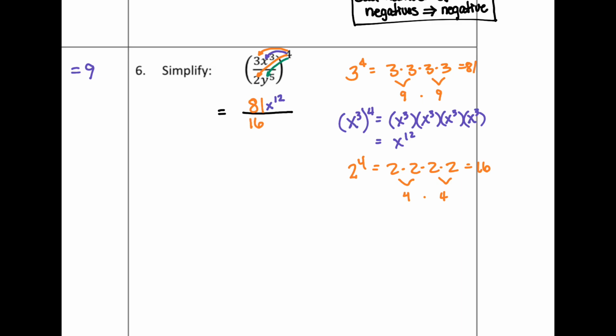And now a power to a power, you're just going to multiply the exponents. And you're done. Okay, if this fraction, 3 halves, cannot simplify, then this fraction won't simplify either. So don't worry about trying to simplify it afterwards.